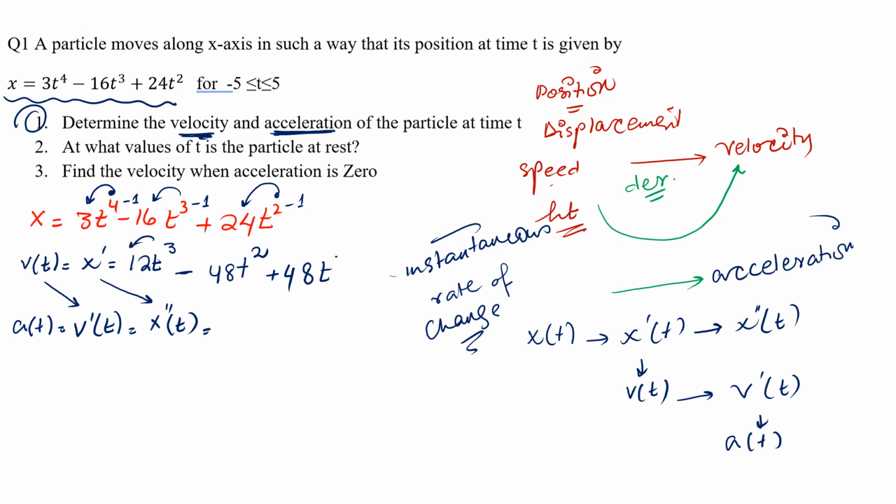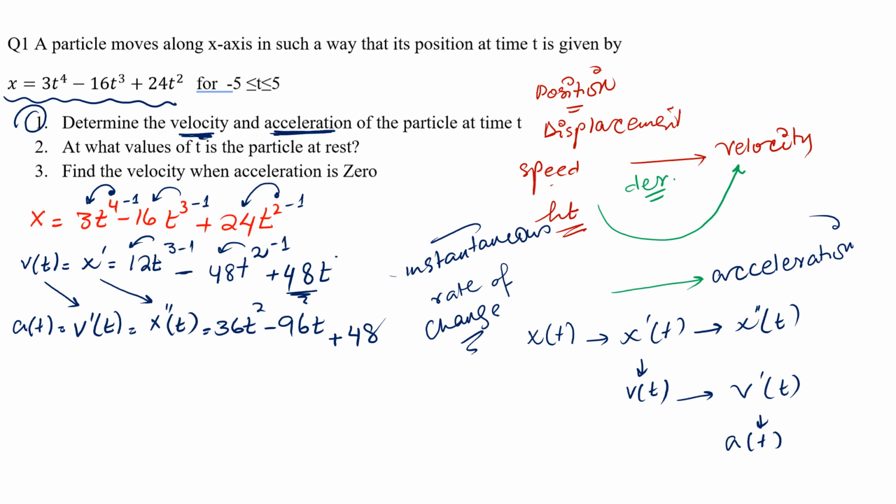So 3 times 12 gives you 36t, from the power we subtract 1, so it will be 2. Minus 48 times 2 gives us 96t, from the power we subtract 1, it gives us 1, we don't write the power as 1. By the constant multiple rule, the derivative of cx is c, so the derivative of 48t is 48.